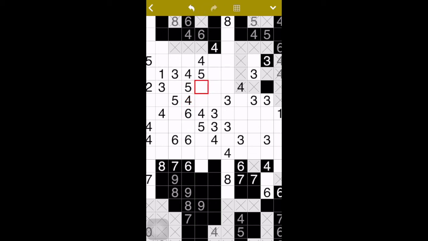Okay, so let's go back to the 5 and 4. Because of the one black space, I need to have two black spaces, but I could have only one black space in one of the two spaces because of the 6 and 4. And that's only if all three down here are black spaces. So that means one of them is a black space.